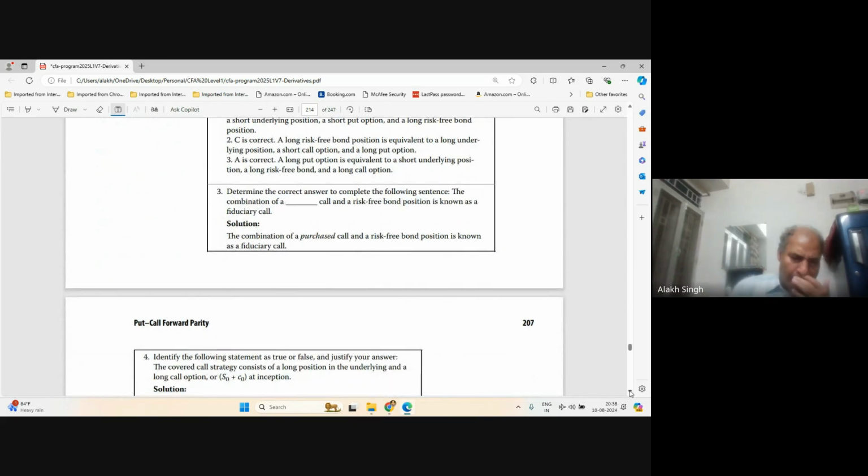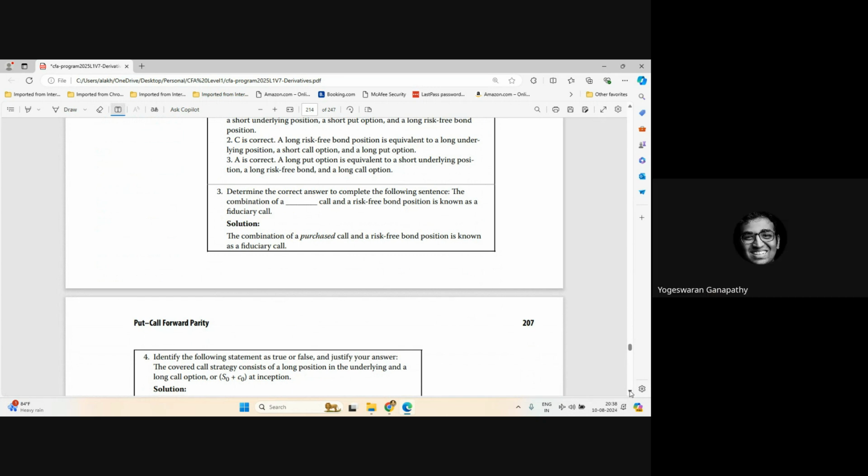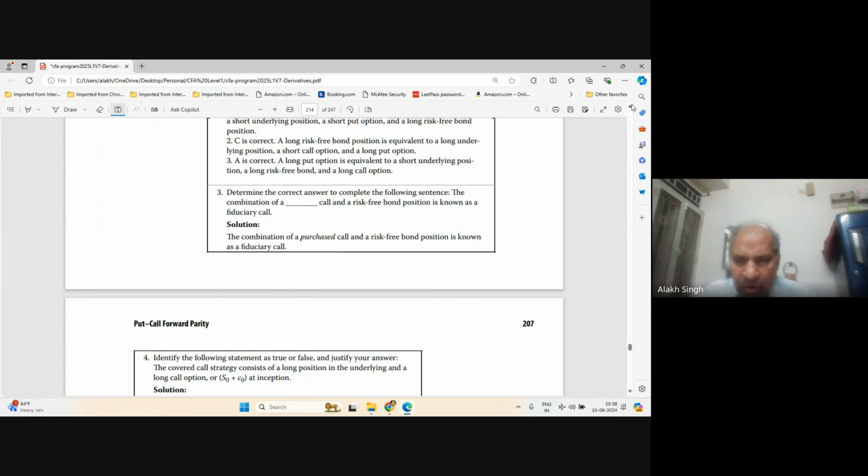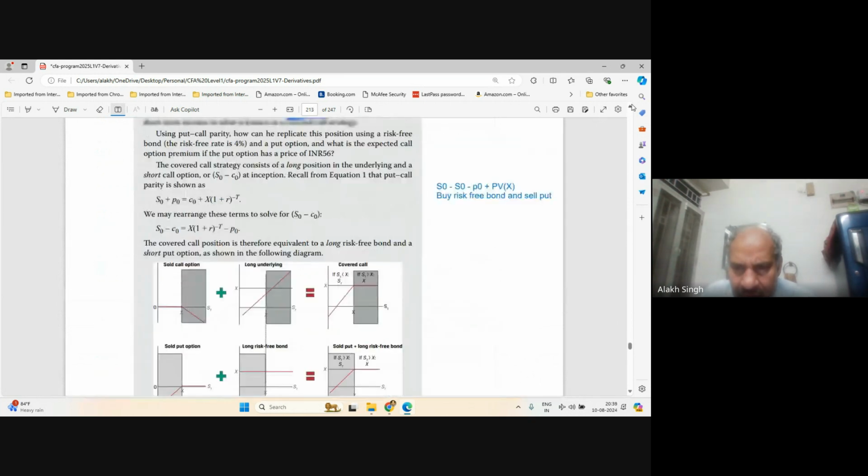Question 4. Identify the following as true or false and justify your answer. The covered call strategy consists of a long position in the underlying and a long call option at inception. Let me bring S naught minus C naught. What had we found? Oh, we had brought it here.